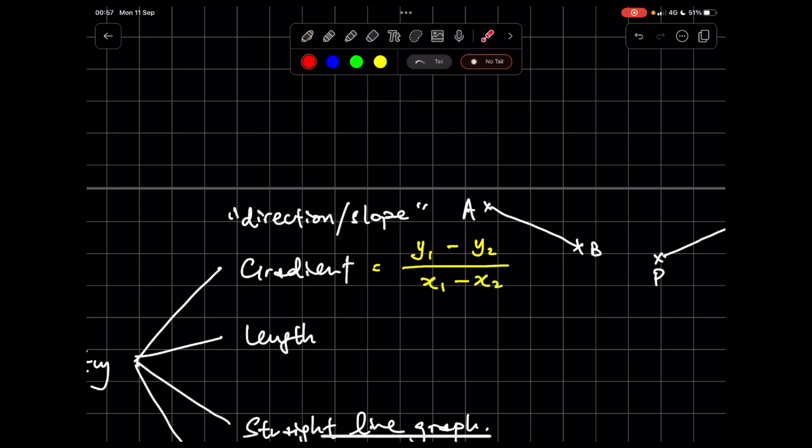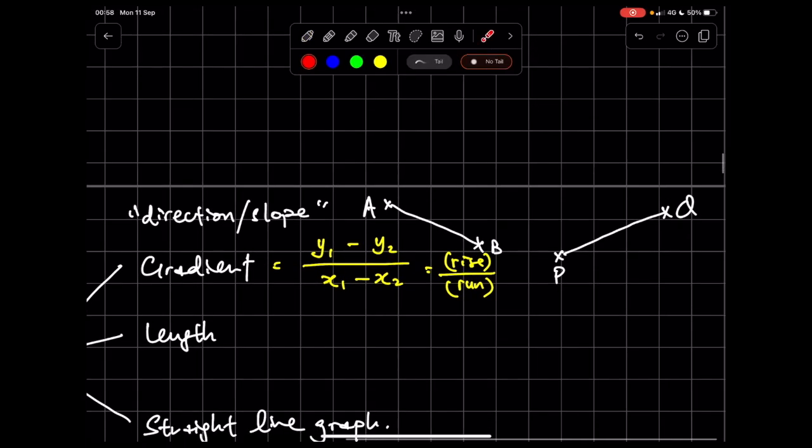How this works, if you want to think about it, is just rise over run. So what is rise? Rise is how, if you walk from P to Q, you gain some height, equivalent to the difference between the y coordinates.